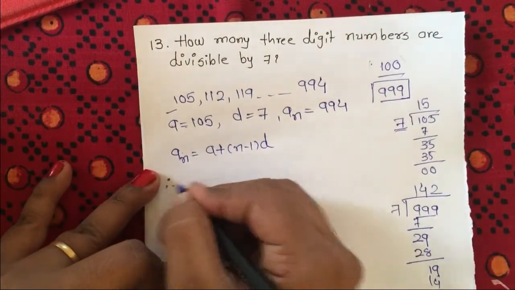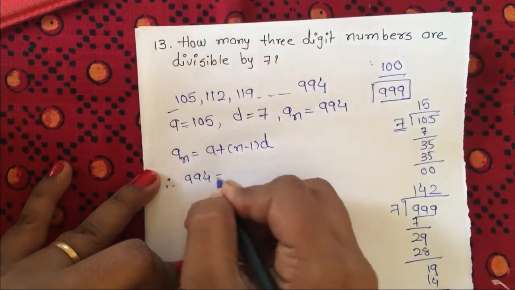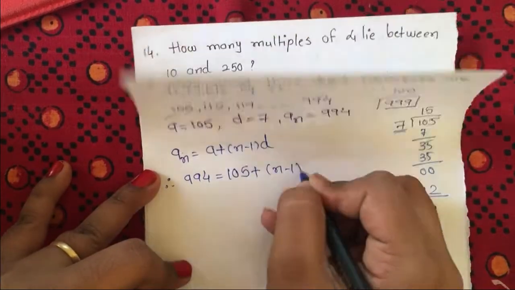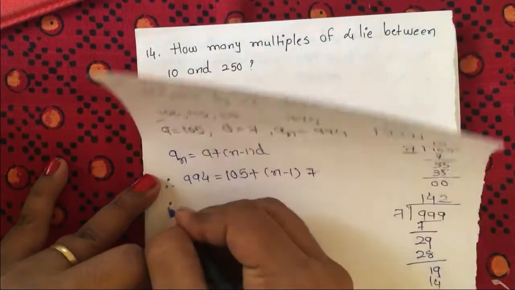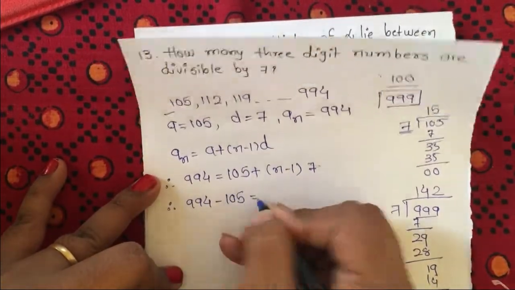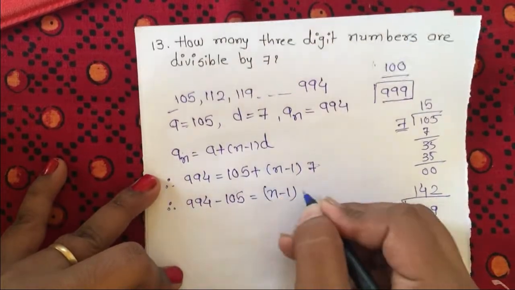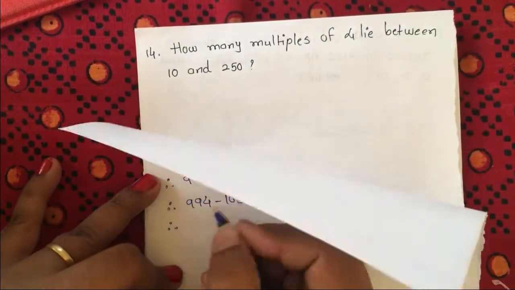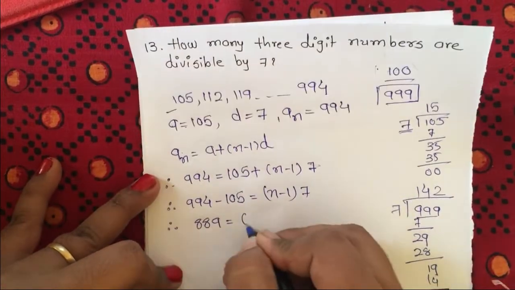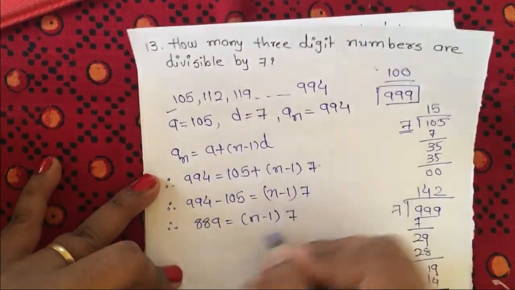So therefore 994 is equal to 105 plus n minus 1 into 7. So this is 994 minus 105 is equal to n minus 1 into 7. So 994 minus 105 is 889, which is equal to n minus 1 into 7.